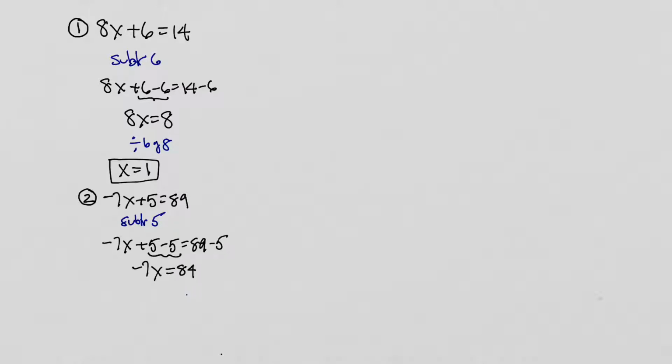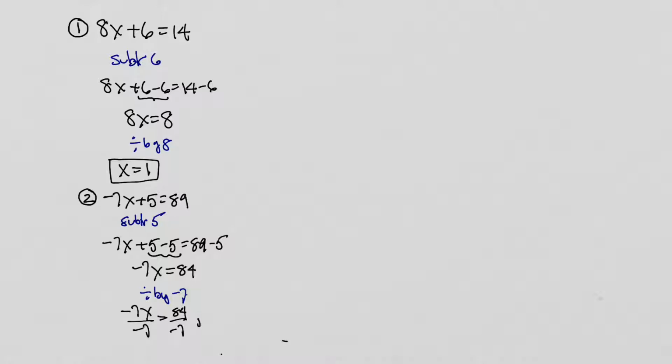And now you can see we've got a multiplication by -7, so the plan is to divide by -7. You know what? I'll write the whole thing this time. It's going to be -7x over -7 equals 84 over -7.